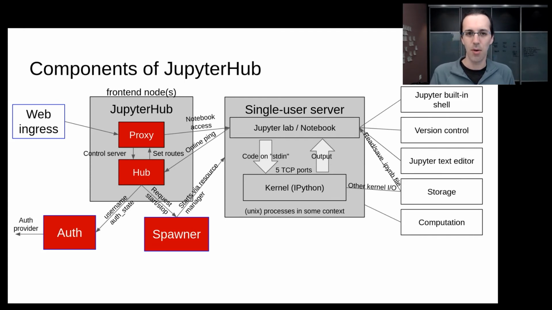And then the hub goes to the proxy and says, okay, this user server is available. Please begin directing them to it. So then in the future, as the user is connecting to what they see as the hub, it's sending them basically straight to the single user server, and the hub has nothing to do with this whatsoever. Within the single user server, they have free reign of whatever environment they have inside of what the spawner started, and they can do everything they may need to do.